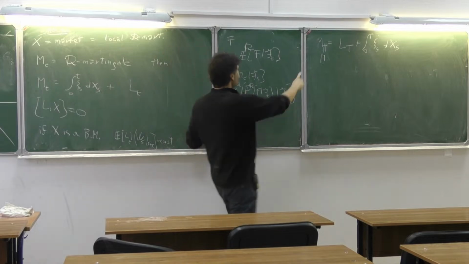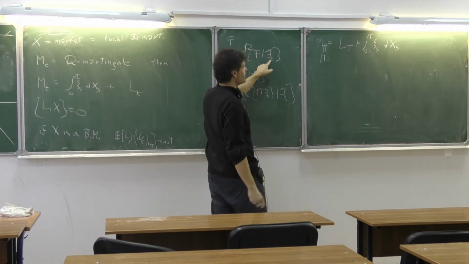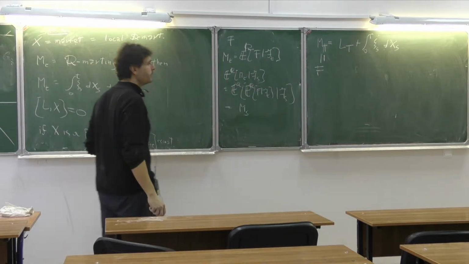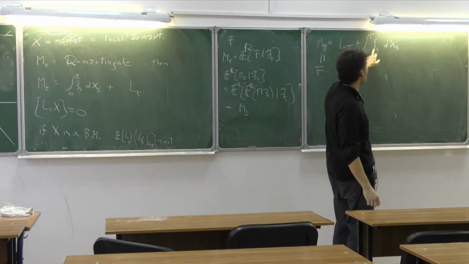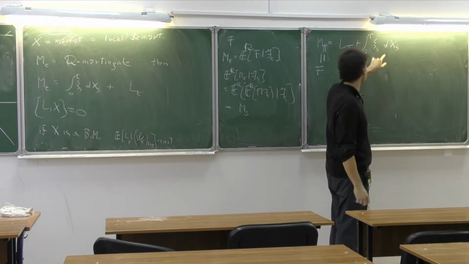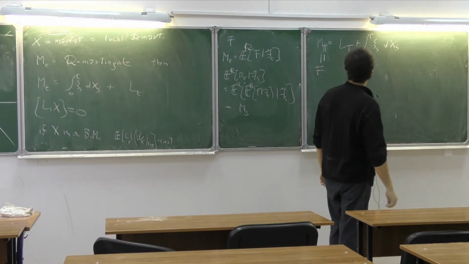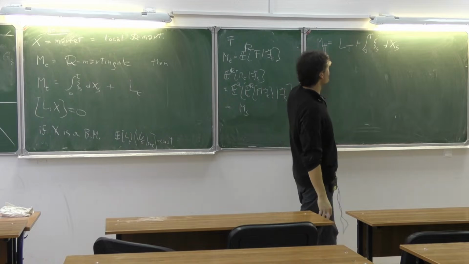So M_T is the expected value of F with respect to F_T. F is F_T-measurable, and M_T is nothing but F. And I'd like to take psi equal to exactly theta. I can always write F in this way.